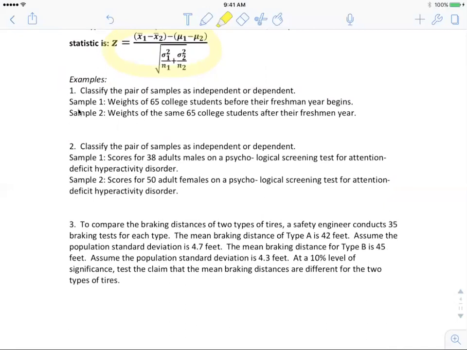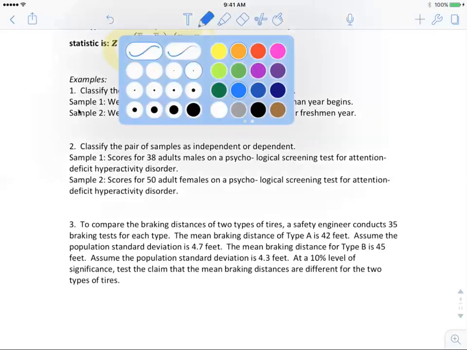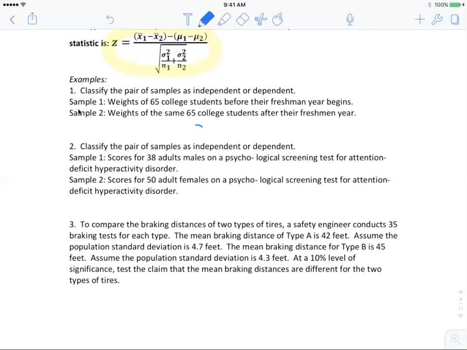So notice in this one, sample 1 is the weight of college students before their year begins, and then sample 2 is the same college students after, okay? So since it's the same students before and after, that would be a type of dependent, let's get a blue here, dependent example, okay?